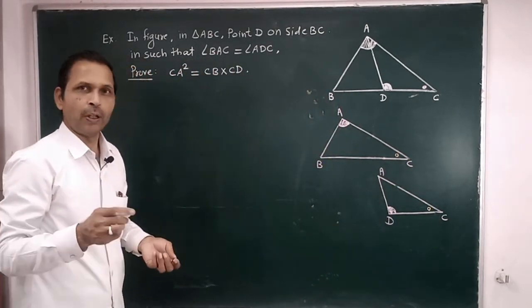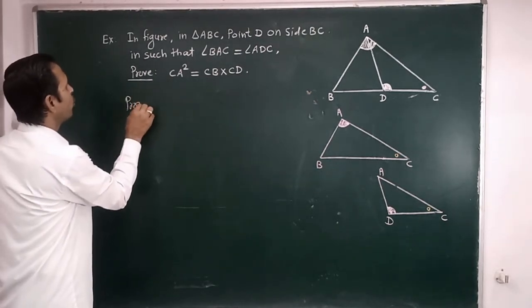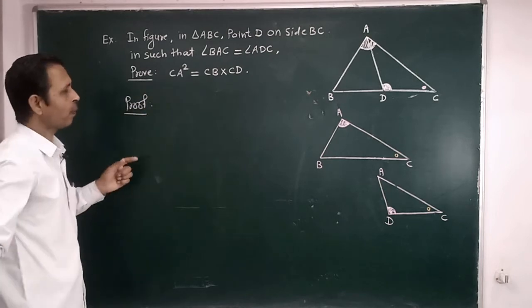Now write the names of the triangles with one-to-one correspondence. Proof we have to write like this.